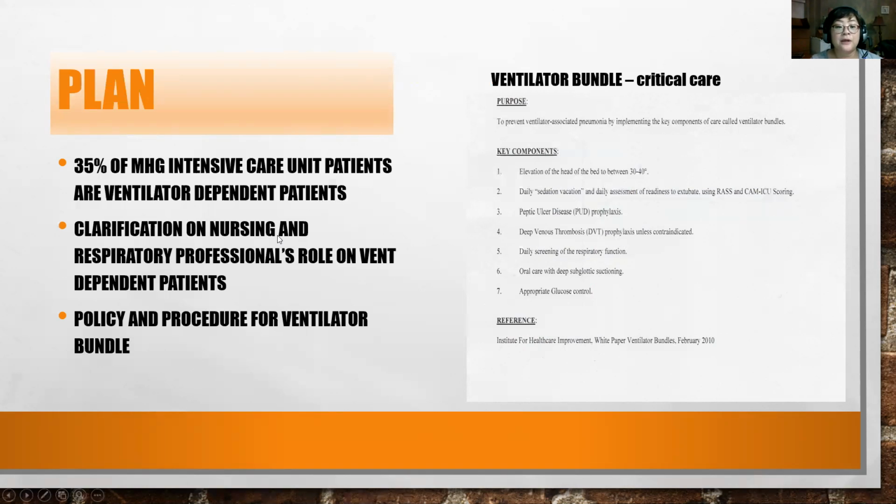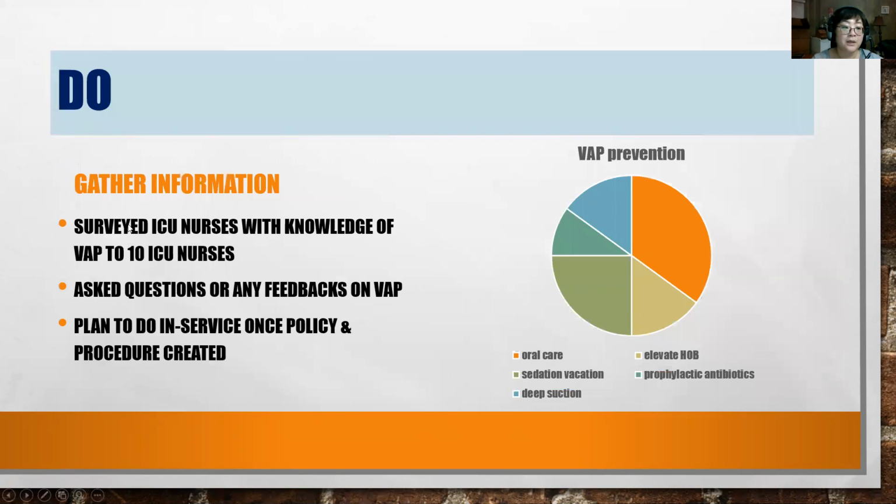Clarification of the nursing and respiratory professional roles in vent-dependent patients was critical, so that both professionals are aware. Policy and procedures for ventilator bundles: these were the critical care ventilator bundles available on our hospital website.